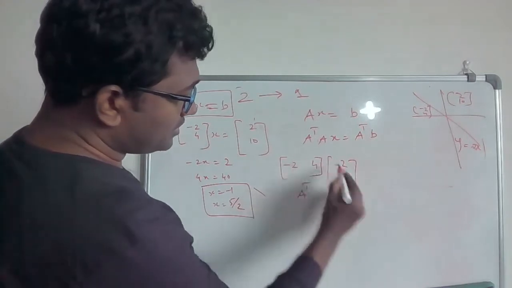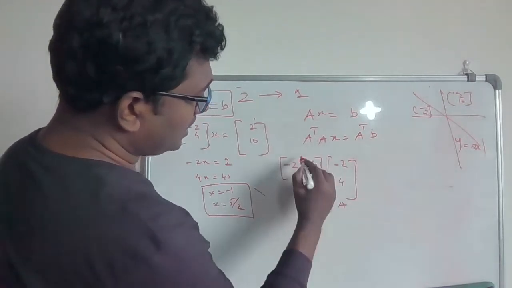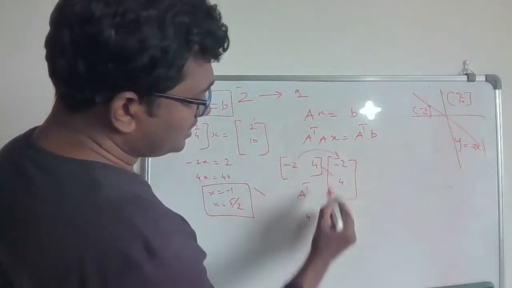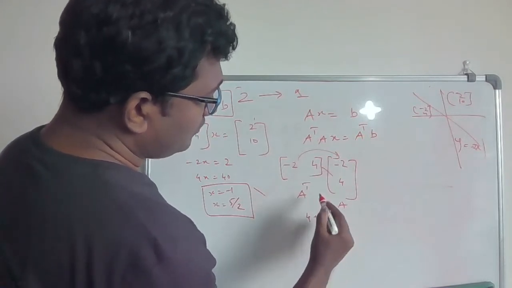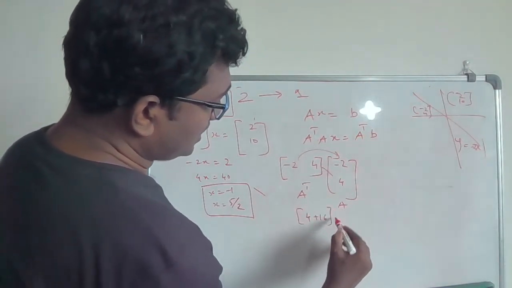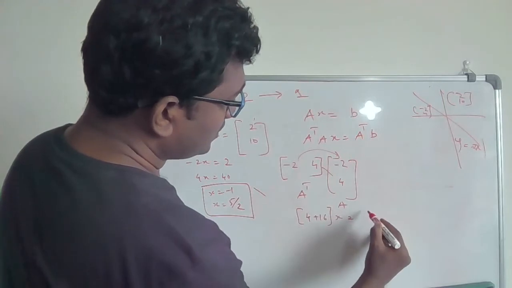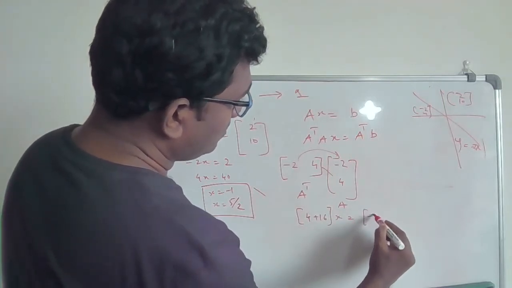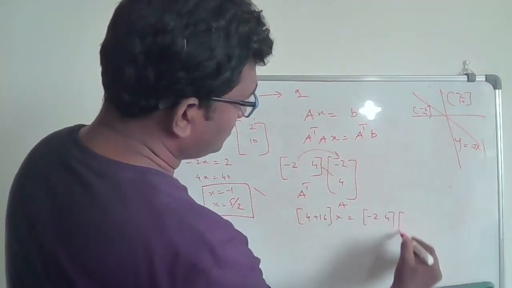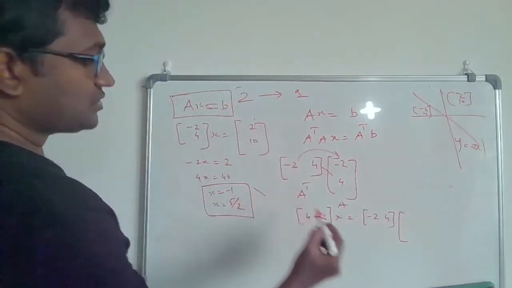If you multiply this, it becomes, like matrix multiplication, 4 plus 16. 4 plus 16 x is equal to, here also it becomes minus 2, 4, and what is b? b is 2, 10.